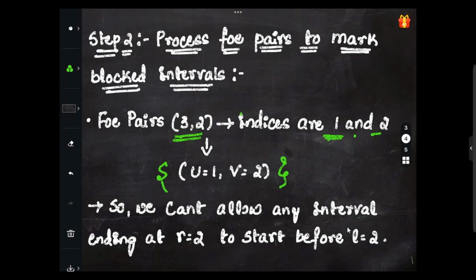So we cannot allow any interval ending at r equals 2 to start before l equals 2, as we are going with the two pointer sliding window. You have to know this at any cost. By this time you have to know the two pointer sliding window approach, arrays, all the basic things. We have already come to the part where we are solving problems on intervals and greedy.